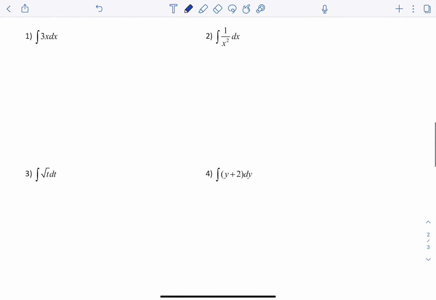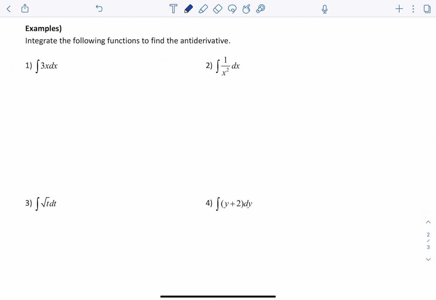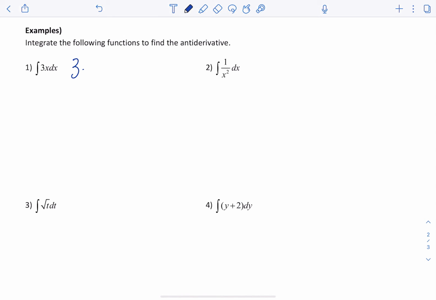Let's show a few examples. When you are doing these, you always need to get them into one of those forms. So 3x is in that form kx, or k times the function. And so what we're doing here is we'll just bring the 3 along with us, and then this is x to the 1. So our power rule here is we add 1 to the exponent and divide by the new power.